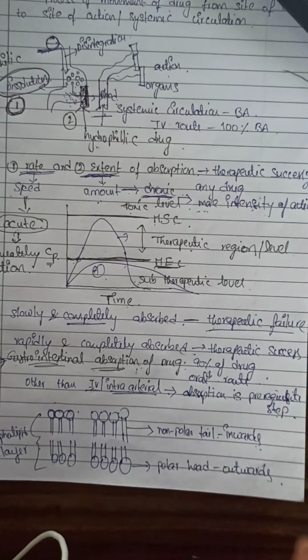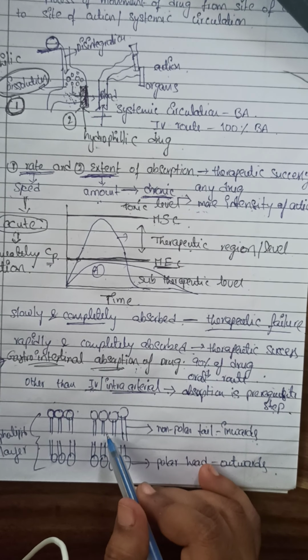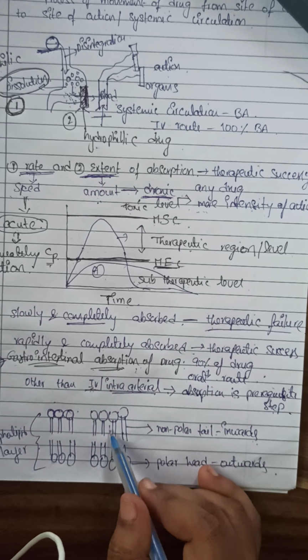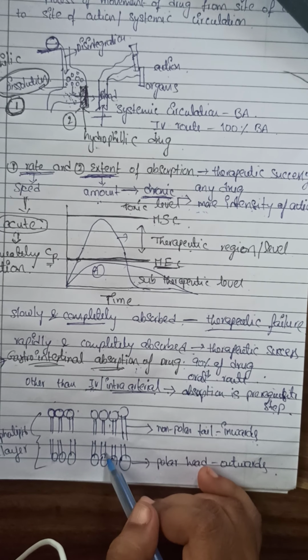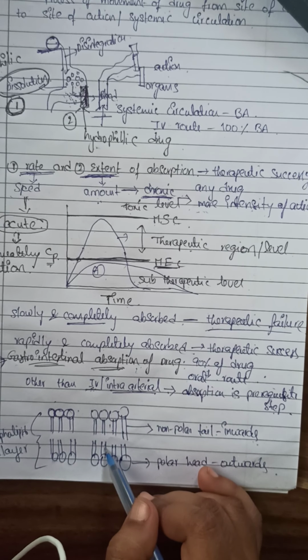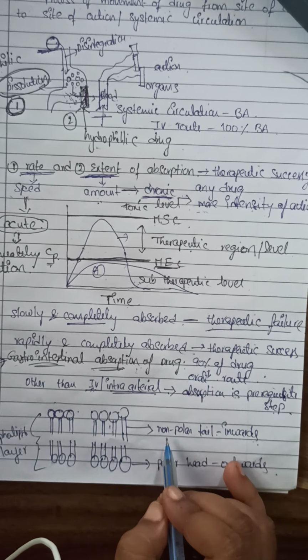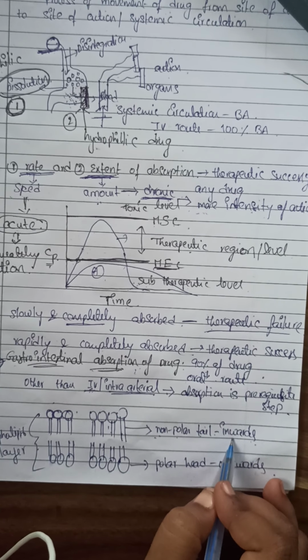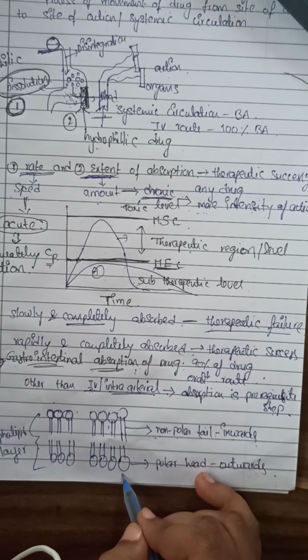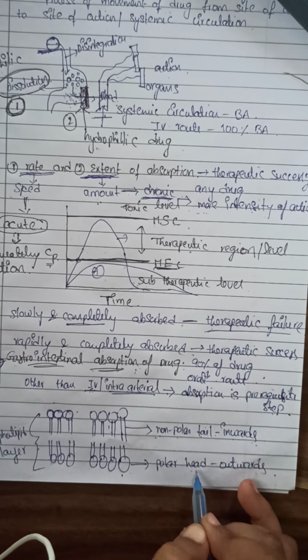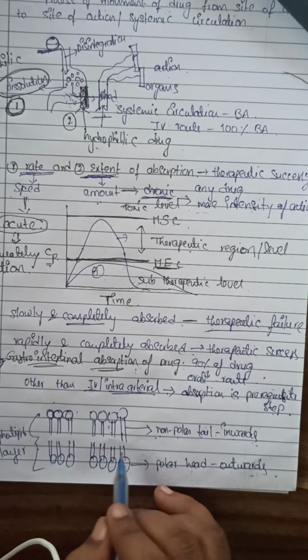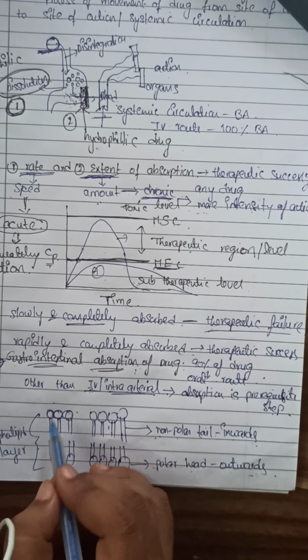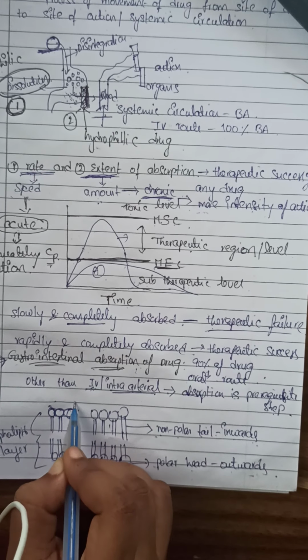So the phospholipids are arranged in such a way that the non-polar lipophilic tails are inwards and the polar hydrophilic heads are outwards. The membrane also consists of globular proteins.